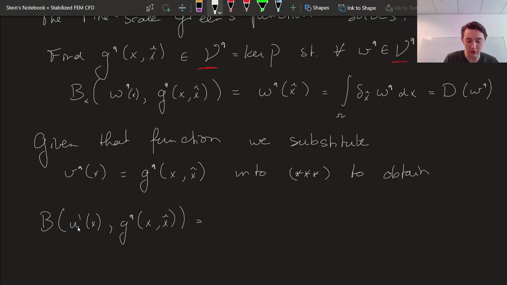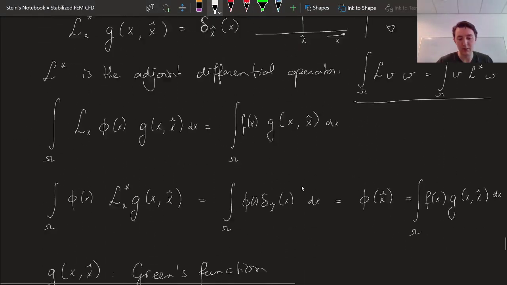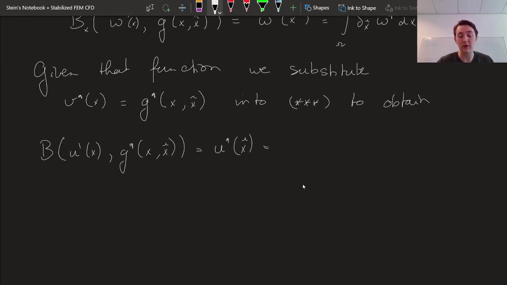So this is going to be equal to u prime at x hat. And again, that's going to be equal to the right-hand side here, but with the fine scale Green's function in place of the v prime. So this is going to be equal to the residual acting as a linear form, the weak residual acting on g prime, where again our residual was also a function or functional of uh.